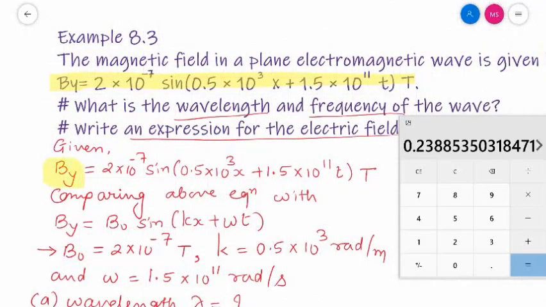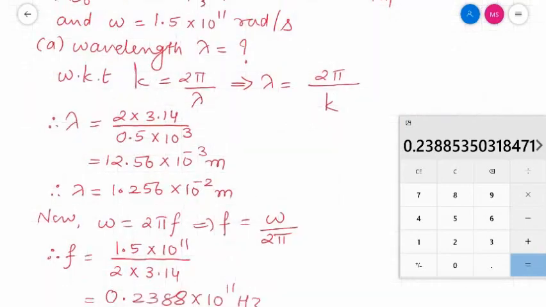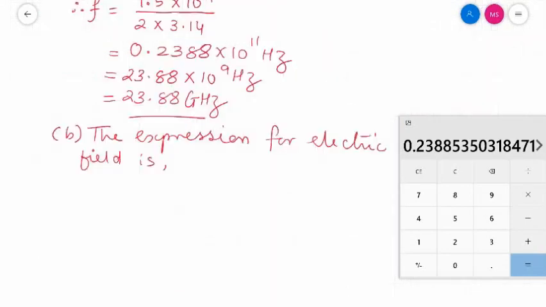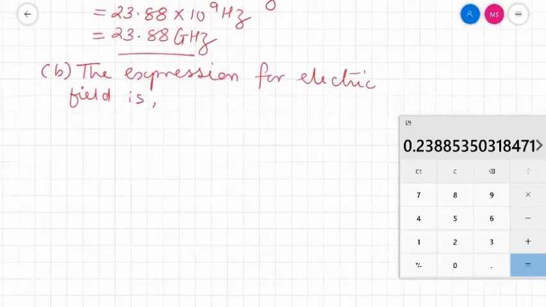Not only that, here it is plus sine (kx plus omega t). Whenever a plus sign is there, it means that the wave is traveling along the negative x axis. So the electromagnetic wave is traveling along the negative x axis, magnetic field is along the y axis, and therefore electric field will be along the z axis. We will simplify this at the end of this example.